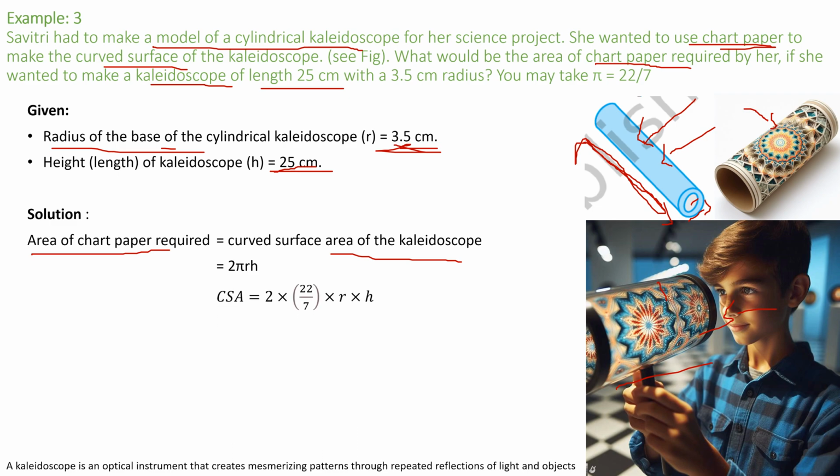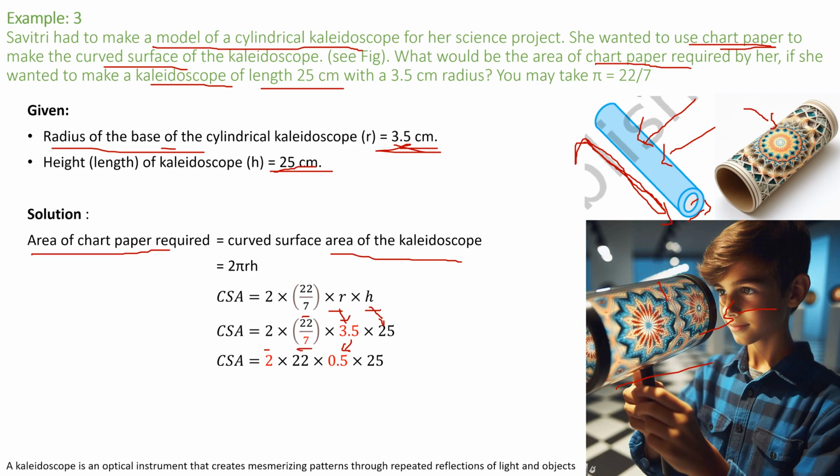Let's substitute them. So 2 pi, I'm taking 22 by 7, r is as it is, h is as it is. Now 2 times 22 by 7, radius is 3.5, h is 25. I marked in red because 7 times 5 is 35, so you can write it as 0.35. Look at it, I got rid of 7.